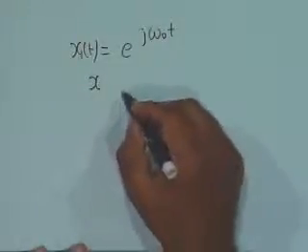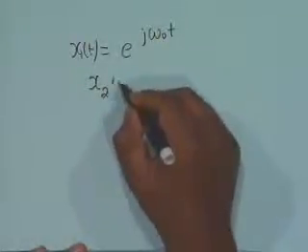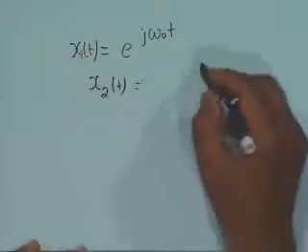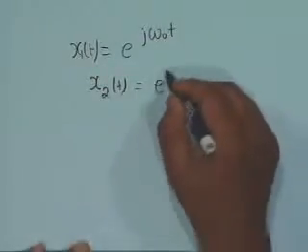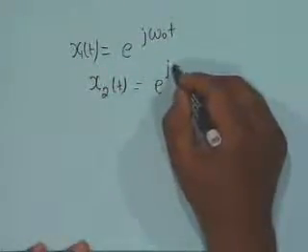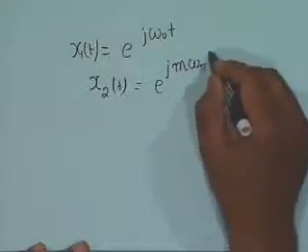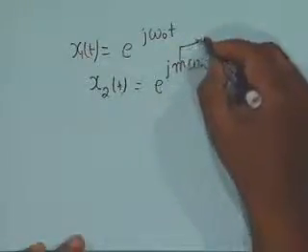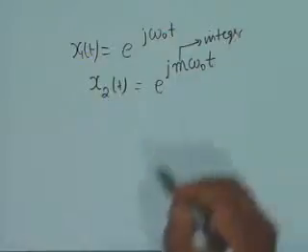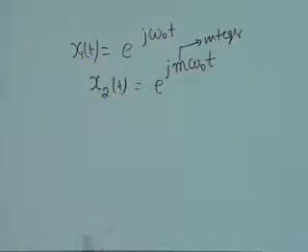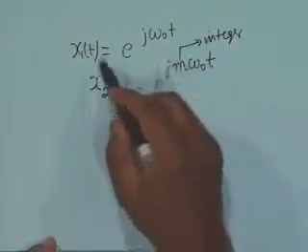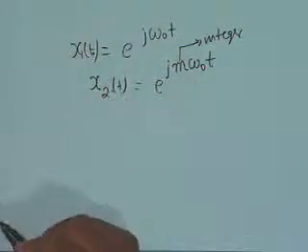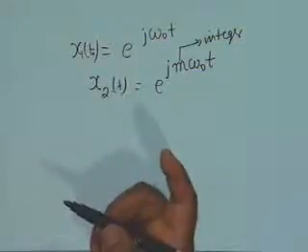If you have another signal x2 of t in which the power of e is simply multiplied by some constant m, where m is an integer, then you see that the frequencies of x1 and x2 are related by multiplication by an integer.